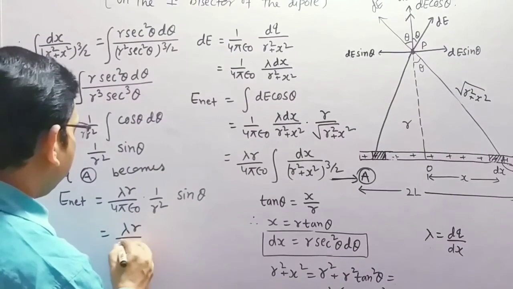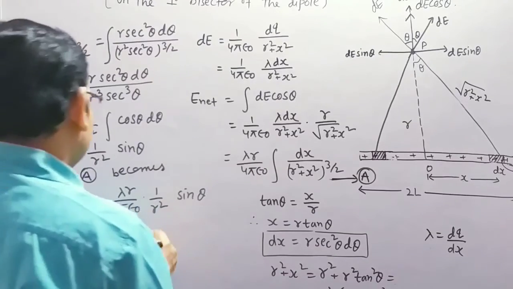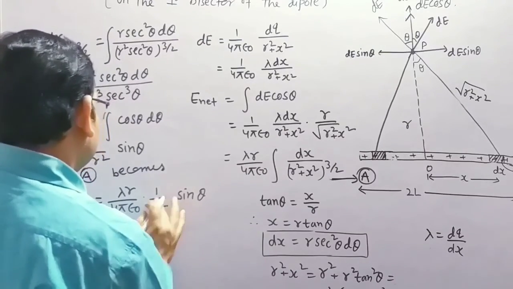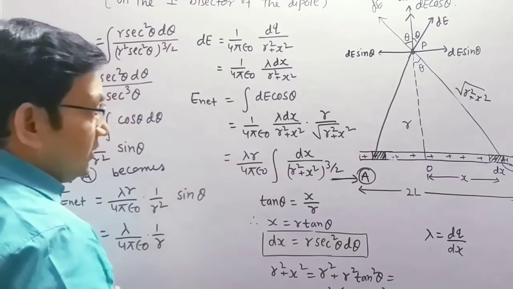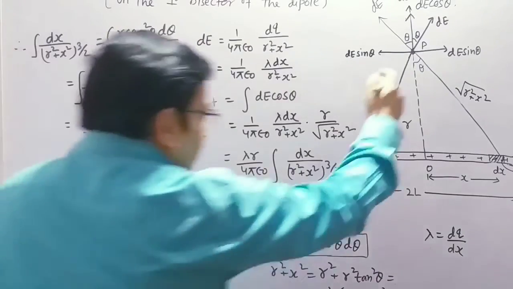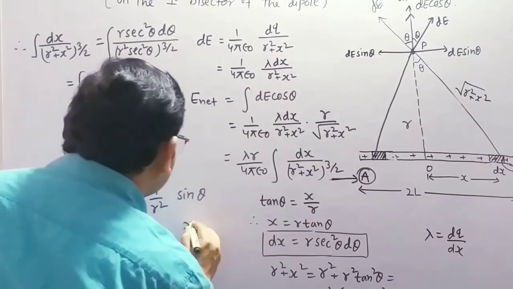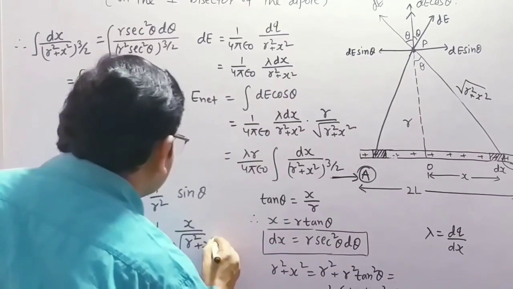Cancelling one r, we have lambda by 4 pi epsilon r, and sin theta can be written as perpendicular by hypotenuse. So in this triangle, perpendicular is x and hypotenuse is root under r square plus x square.